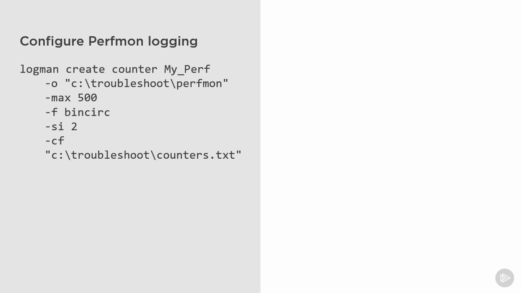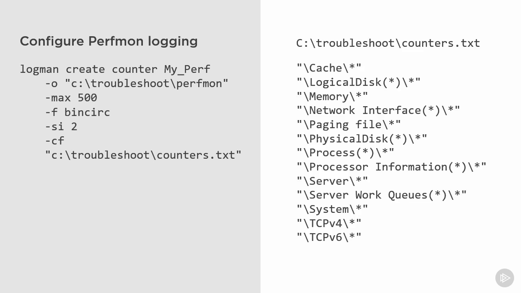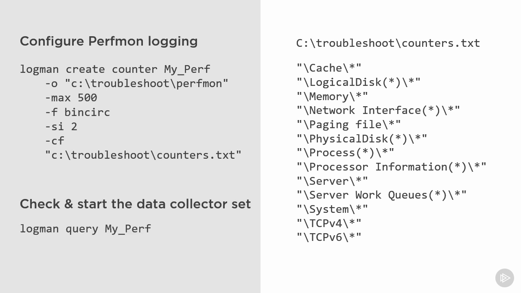And finally, I'm specifying a counter file in the working folder called counters.txt, and this is what that counters.txt file looks like. You can then check and start the data collector set with the logman query myperf command and the logman start myperf command.